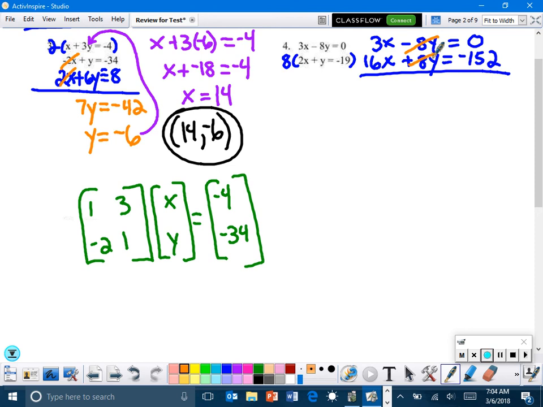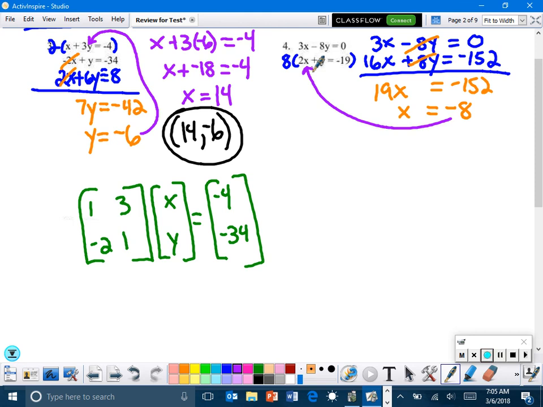Okay, so now 3x and 16x makes 19x equals negative 152. Divide by 19 and we find out x is negative 8. All right, I'm going to plug that x into the bottom equation.